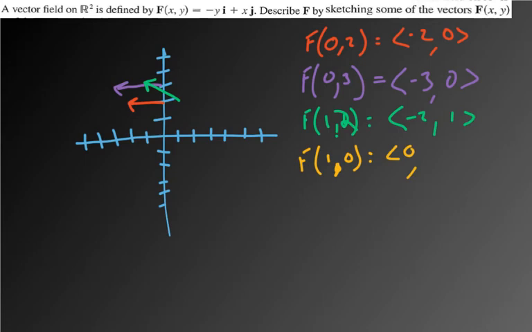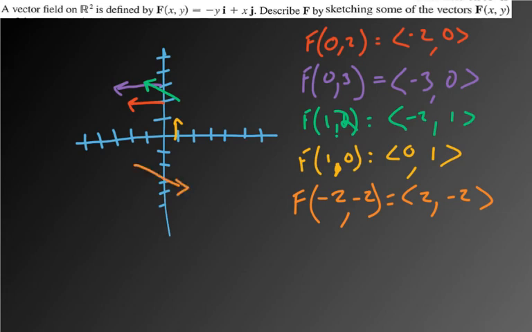That's going to look like 0 and then 1. So at 1, 0, you get nothing in the x component, but you get 1 in the y component. That sort of just keeps happening. Let me do one more really quick: f of negative 2, negative 2, in that quadrant. Here you're going to get 2, negative 2. It's looking like 2 over, 2 down, so it's kind of looking like that.